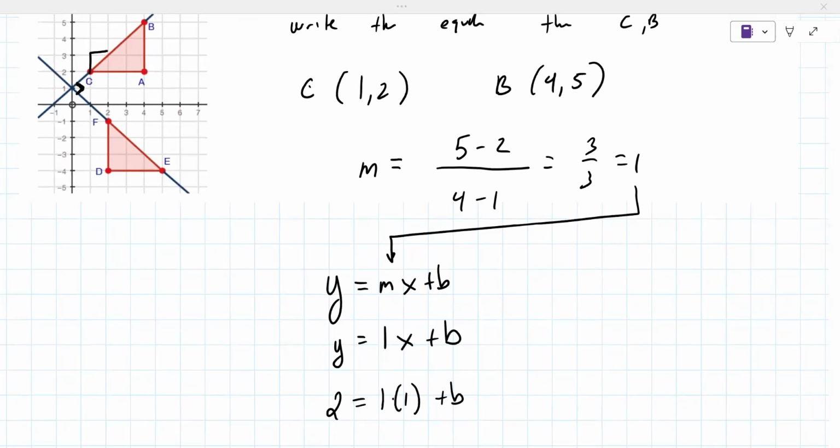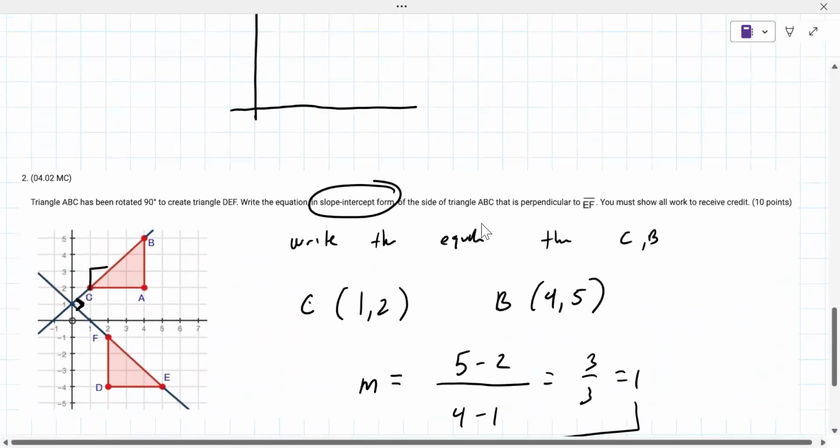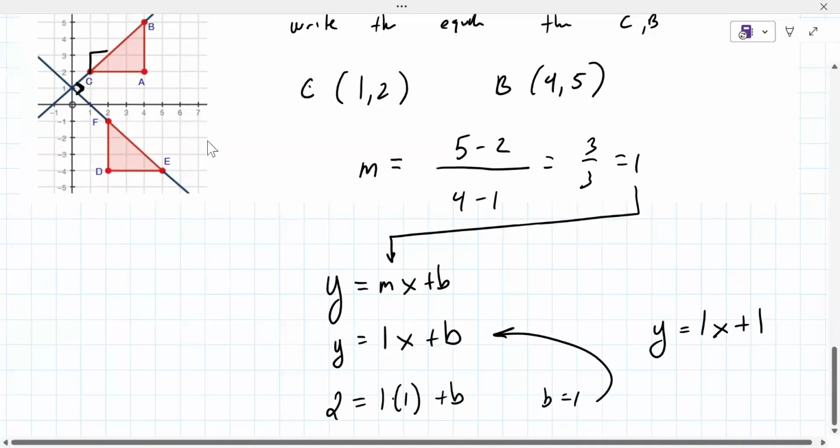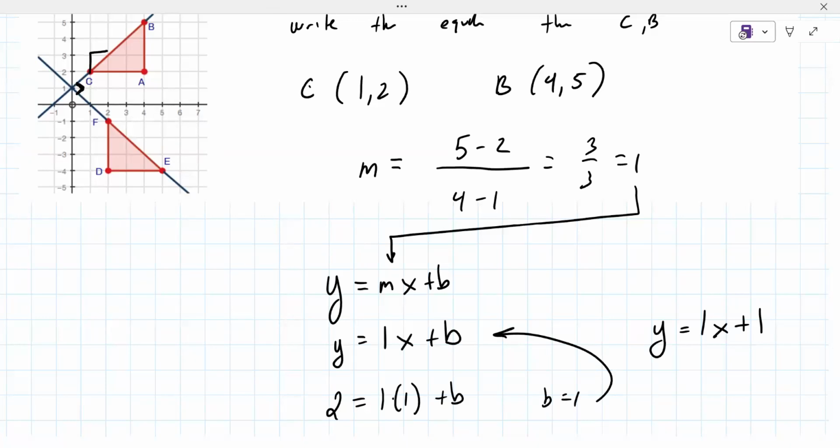So 1 equals b. So I got 1 for b. Okay, so b is equal to 1, and that goes back into this line right here, and there is your final equation. Y equals 1x plus 1. The m is 1 and the b is 1. We should do a tiny bit more, but let me know when you get all that down. We need to do a tiny bit more on this.